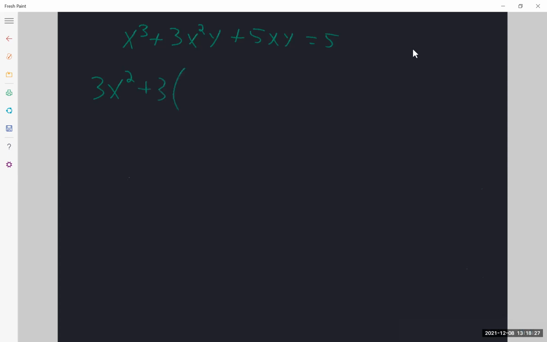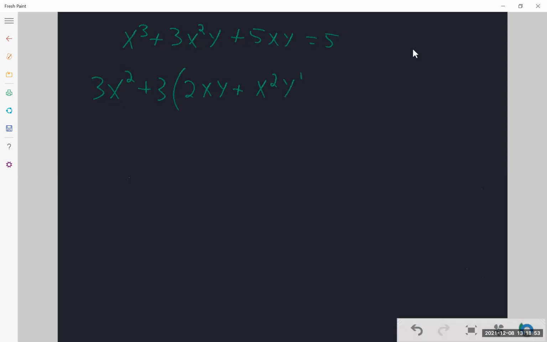So the derivative of x squared y, product rule, we'll call the x squared our f and the y our g. The derivative of x squared is 2x, that's f prime, times g, which is y, plus x squared times the derivative of y, which is just y prime.